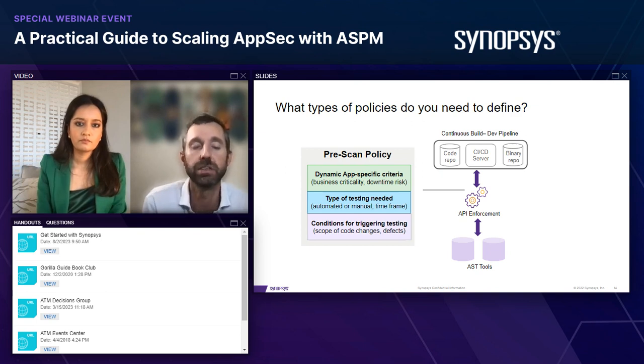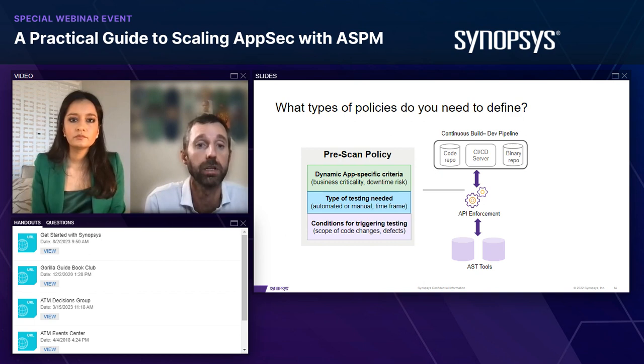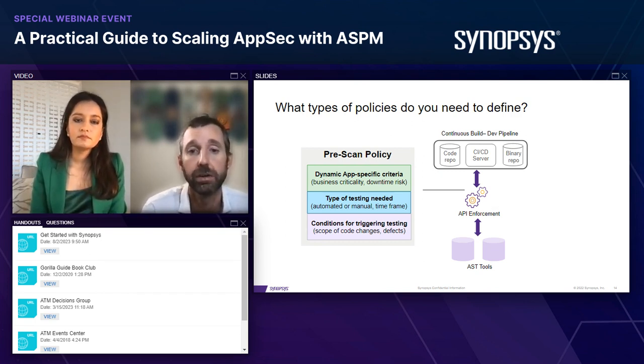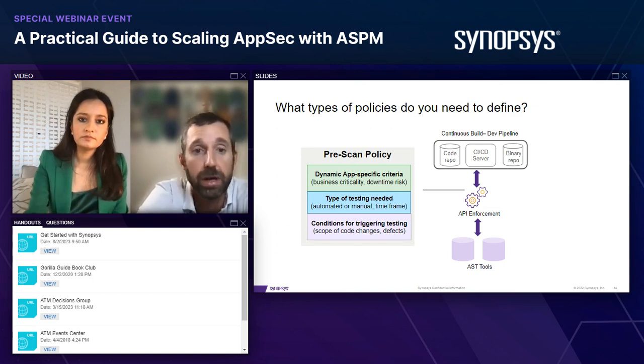Pre-scan policy is meant for that use case. It's meant to be calculated dynamically, to run in pipelines, and to make real-time changes to the types of orchestration that are necessary based on the dynamically calculated risk. So as the risk changes, and the more it changes, the more valuable your pre-scan policy is to go do something about that in an automated fashion, with orchestration.